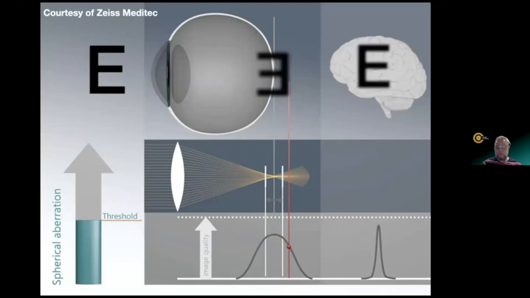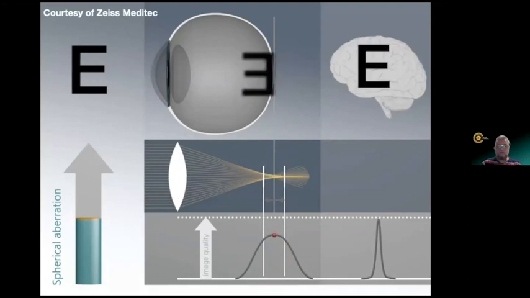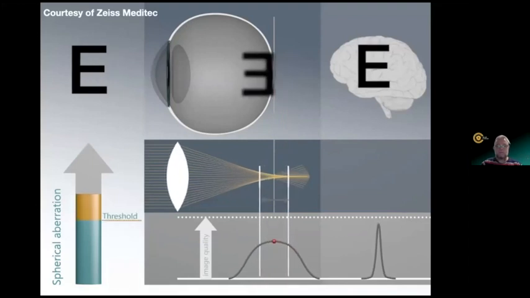All right? Now, there is a threshold beyond which there will be blurriness even without movement of the letter, like in this case. Look at the image in the brain. Now it is blurred.